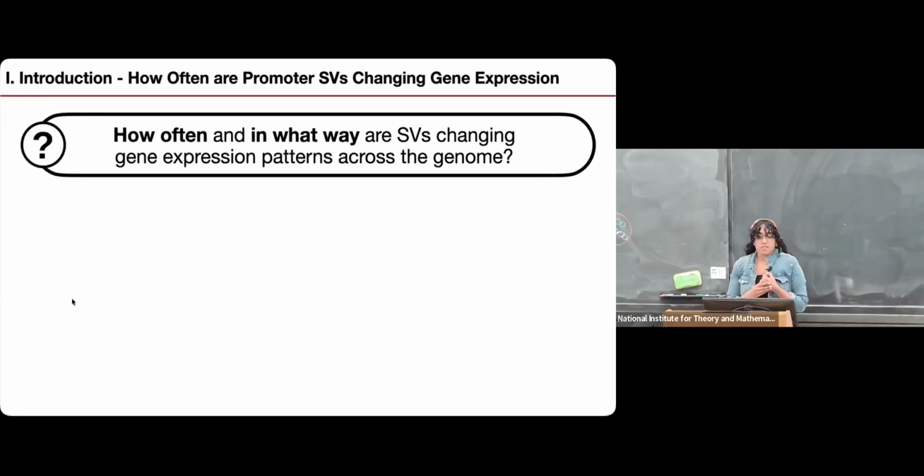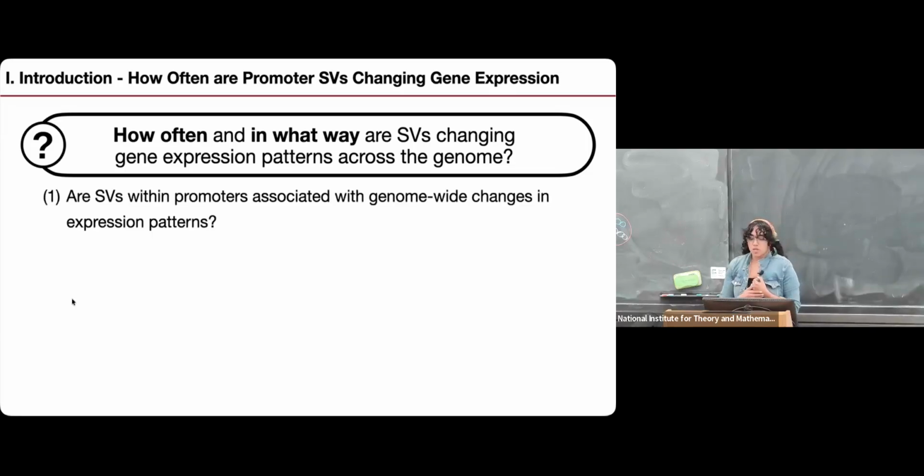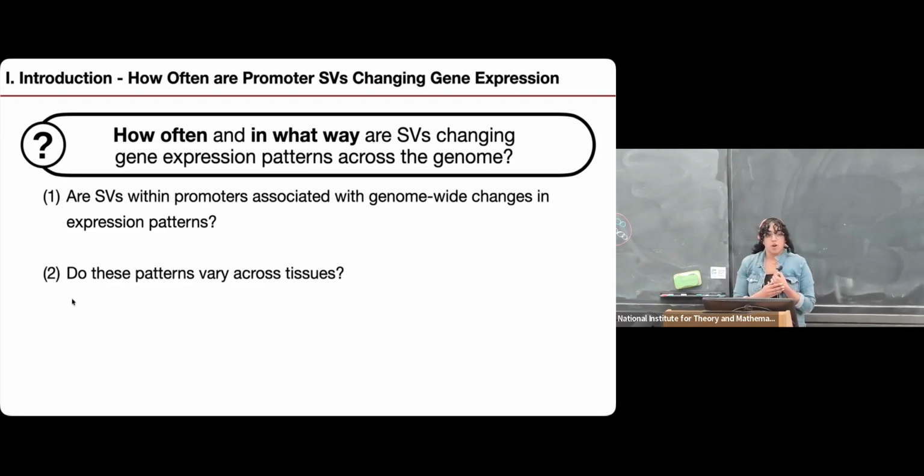That being said, it's still unclear how often and in what ways SVs change gene expression patterns across the genome. So are promoter SVs associated with genome-wide changes in expression patterns, or are these really limited to a handful of specific examples within the genome? When we do observe changes in expression, are these differences occurring across all tissues, or are they very context-dependent?